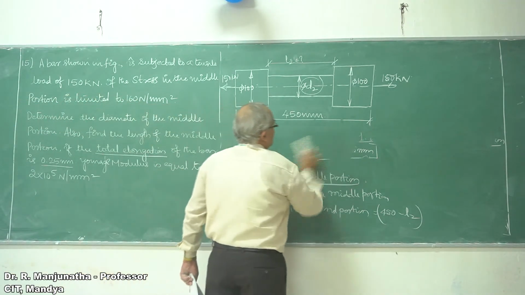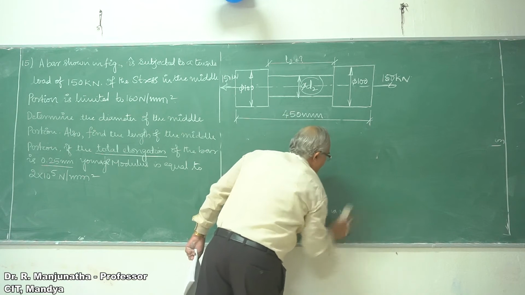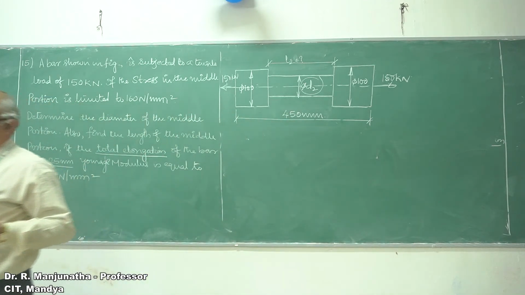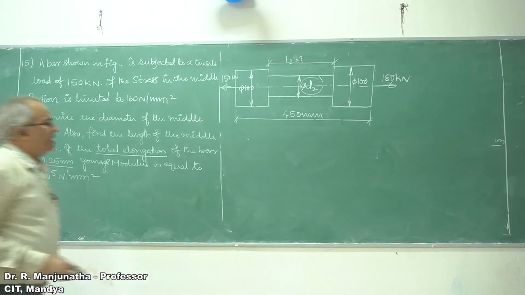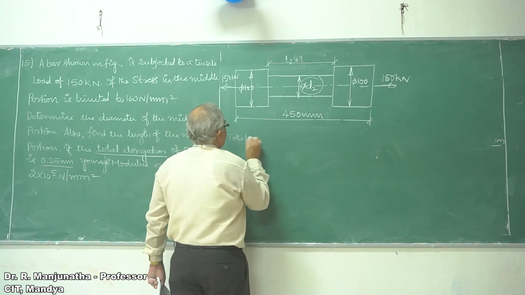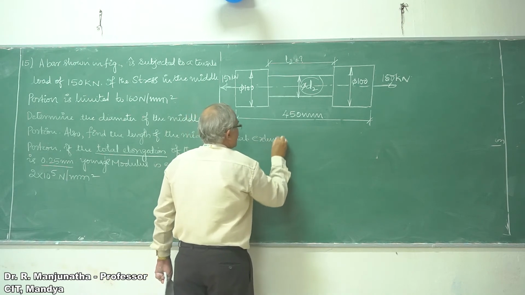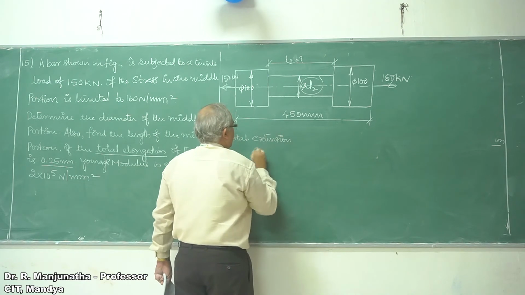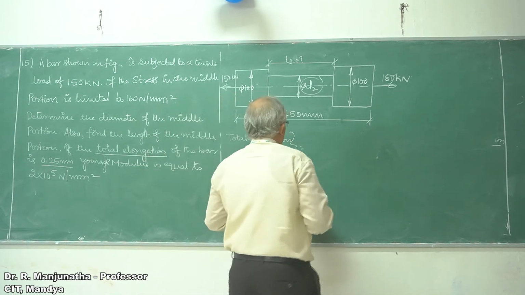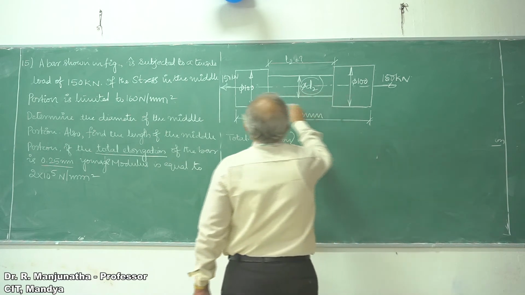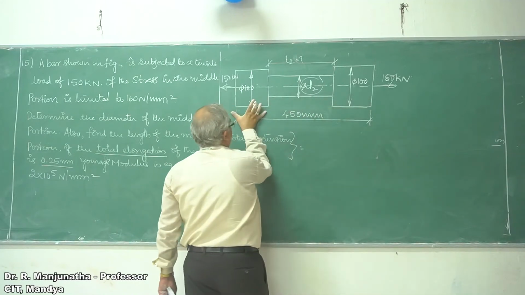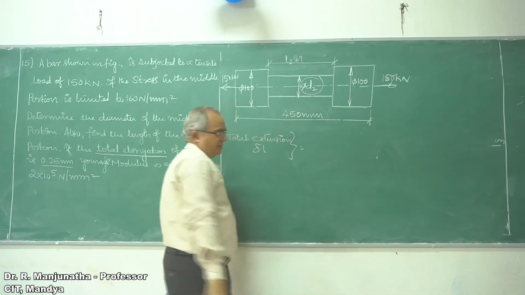So the total extension delta L will be equal to the length of this plus the extension of these two plus the extension of this.